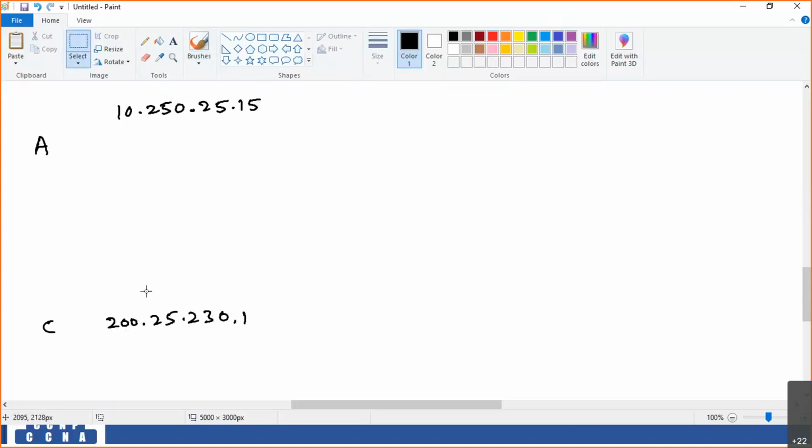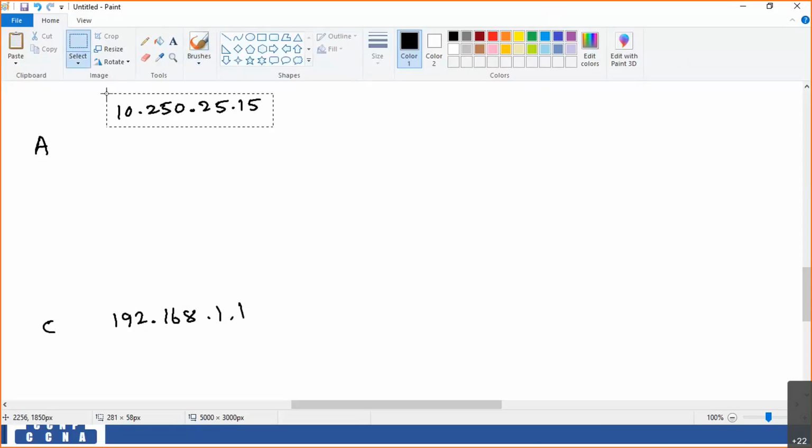Why can't we take 235 here? Yes, of course you can take it. But generally, if I ask for a Class C example, what will people say? 192.168.1.1.